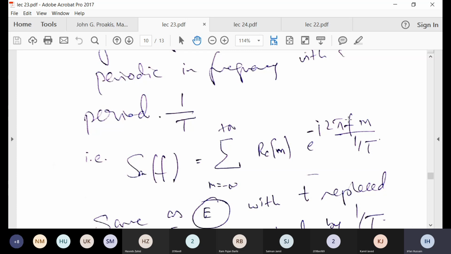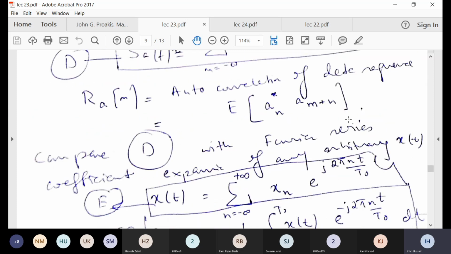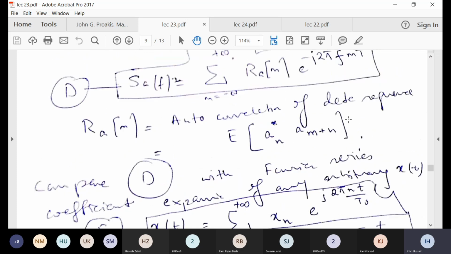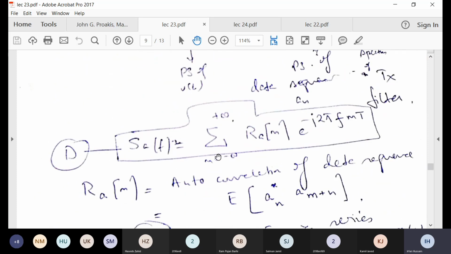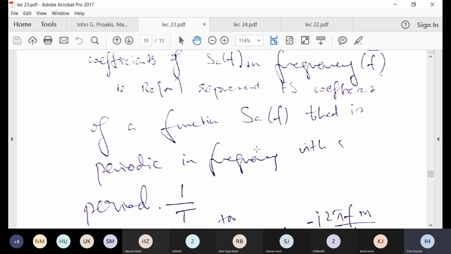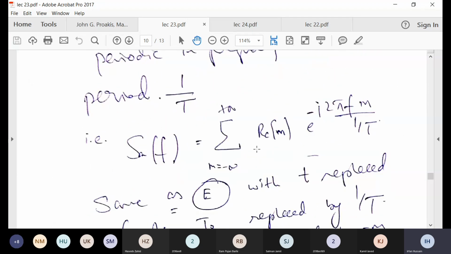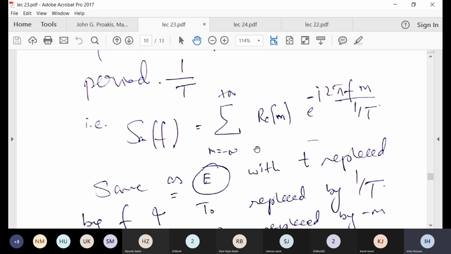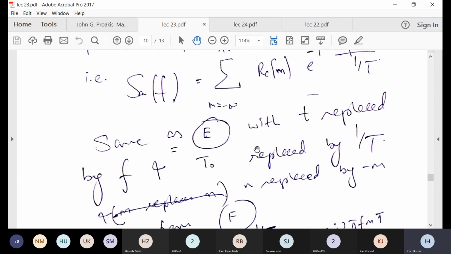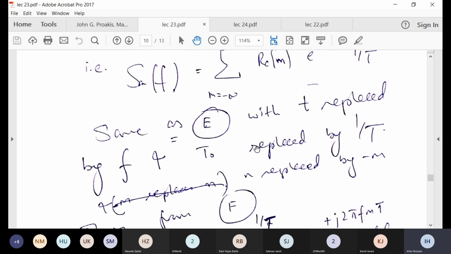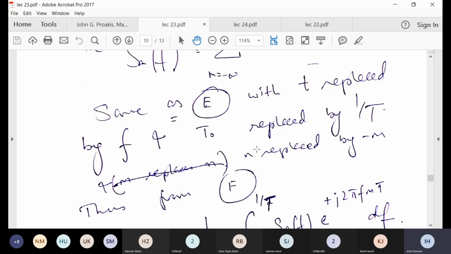And minus m and all that is the same. Same, as t is replaced by f, and T naught is replaced by 1 over T, and n is replaced by minus m.